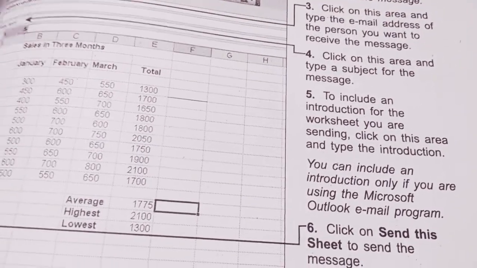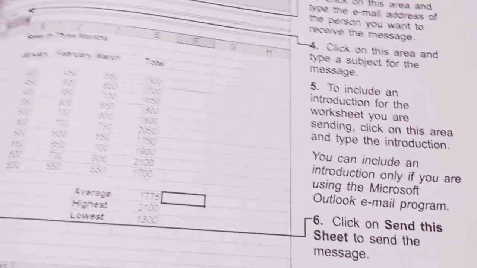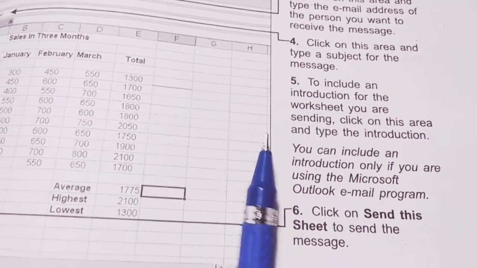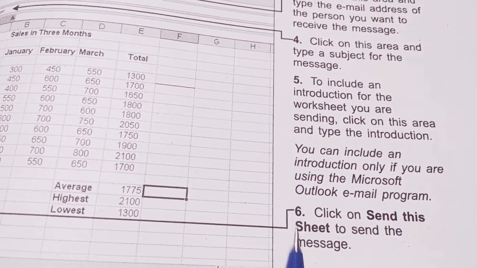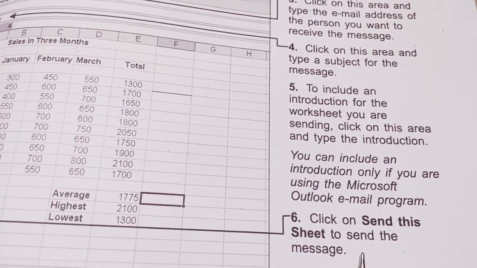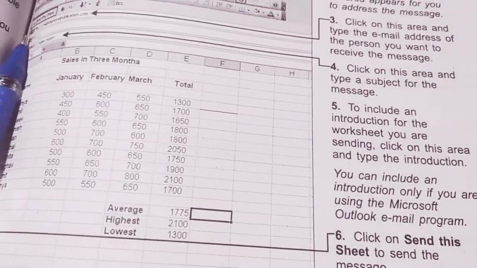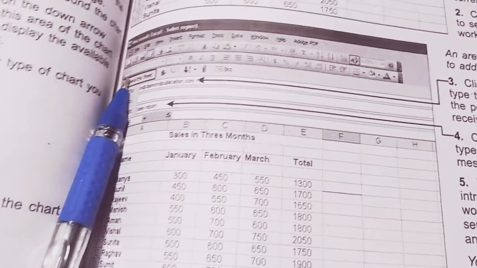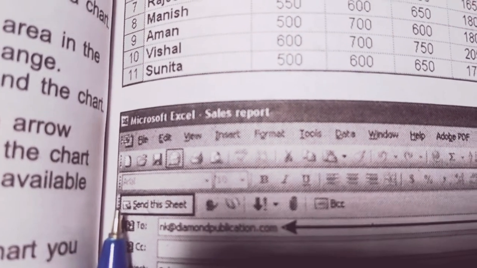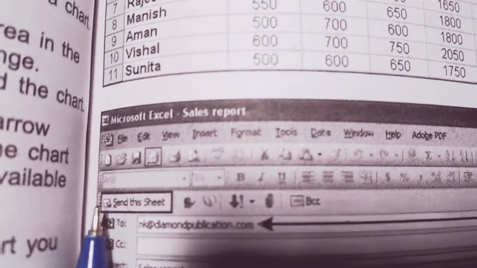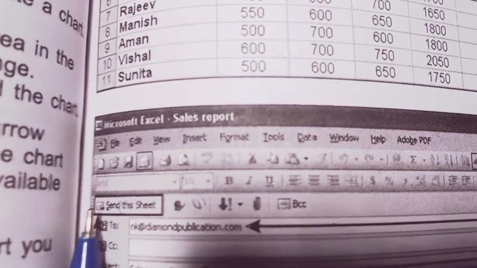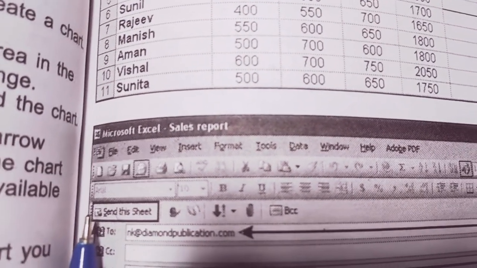When we use Microsoft Outlook, we should mention the introduction, otherwise it is not necessary. Six, click on Send this Sheet to send the message. Through this we can send the sheet to our colleagues, friends or family members.